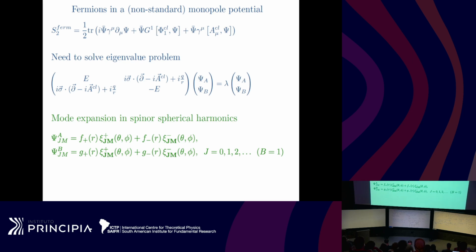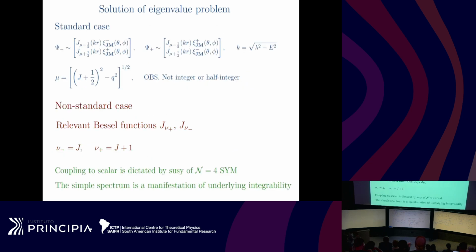So here again, you do an appropriate mode expansion, which is now in terms of spinor spherical harmonics, and you have now to put a little bit more general ansatz for the radial dependence, whereas the angular dependence is taken care of by these spinor spherical harmonics. I don't want to go into the details, but just show this neat simplification, which again appears because of the coupling to the scalar field.